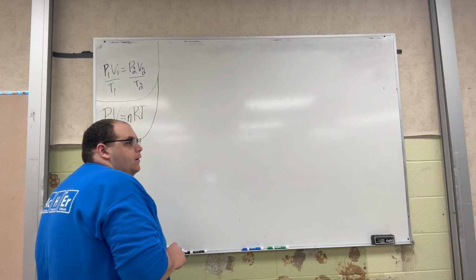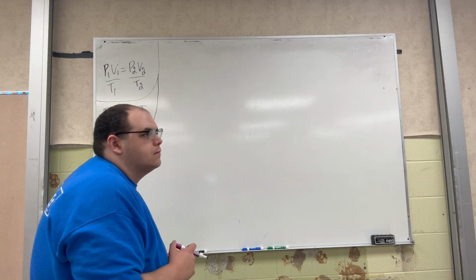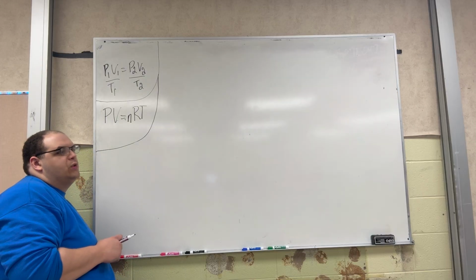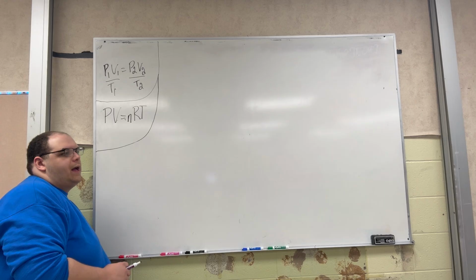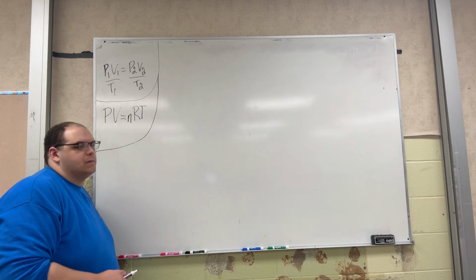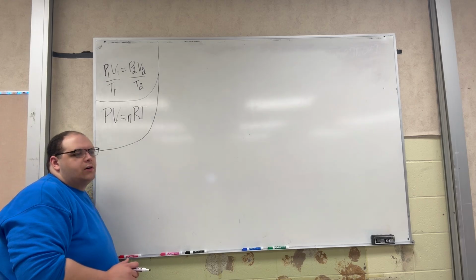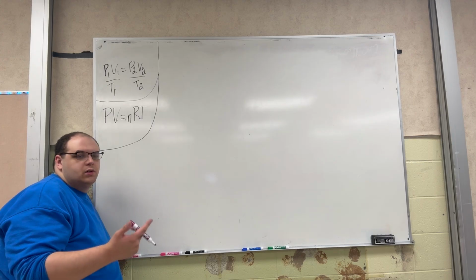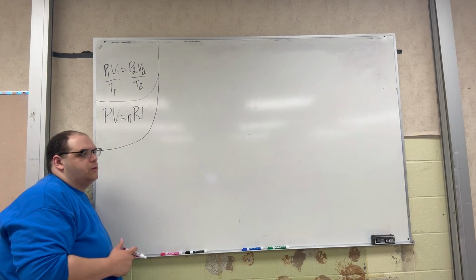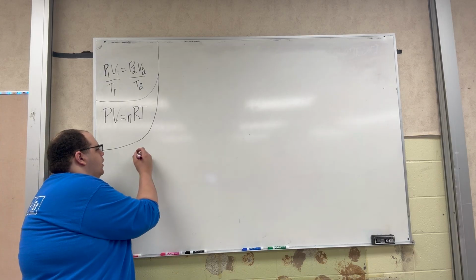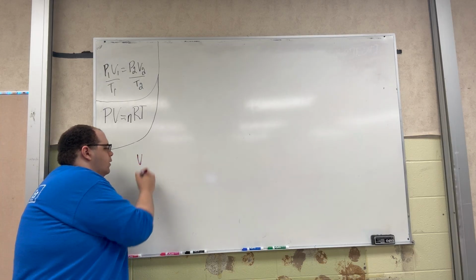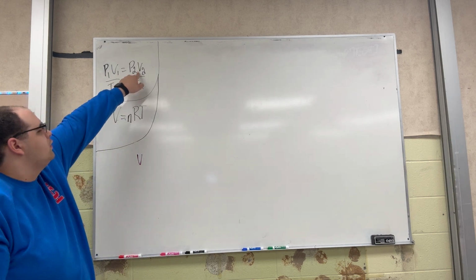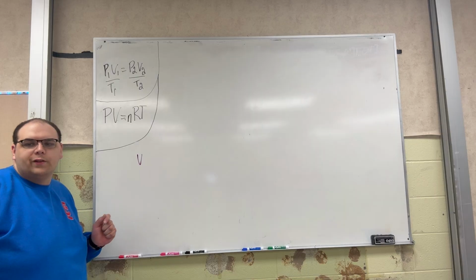When I read this, I always want to start with my givens. The first given I see is that the gas occupies 2.50 liters at 1.00 atmospheres. Liters, what type of unit is that? Is that a volume, a pressure, or a temperature? It's a volume. Here's the question though, because if we look at our combined gas law, there's two volumes, V1 and V2. Do you remember what the ones and twos mean?